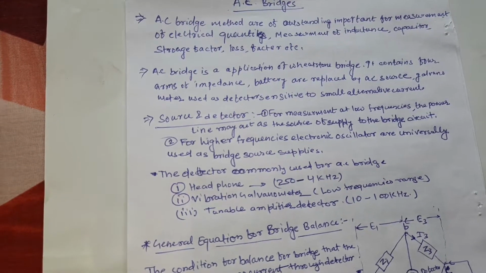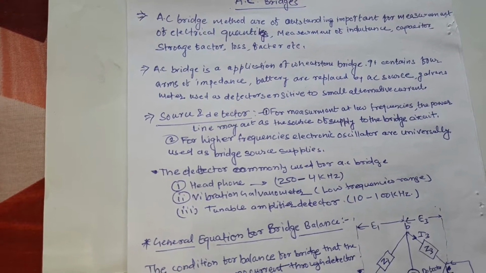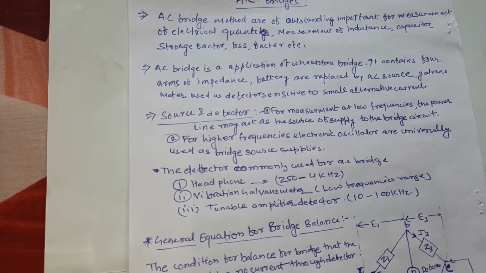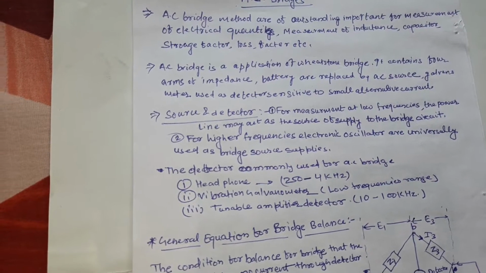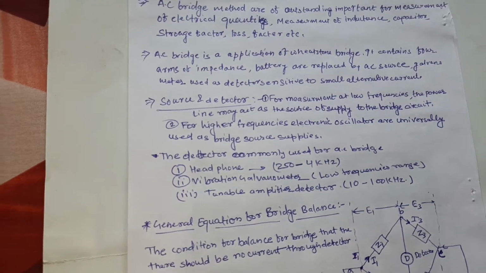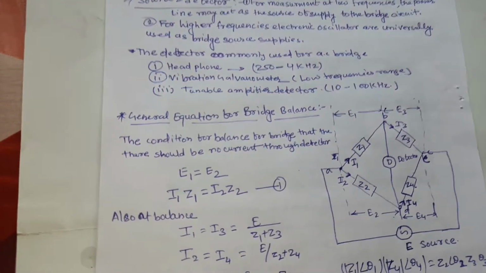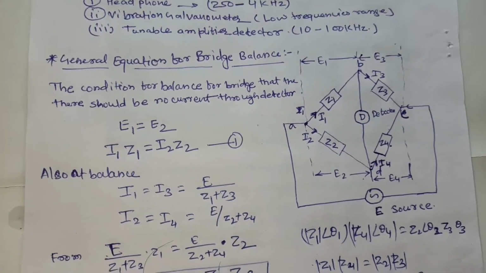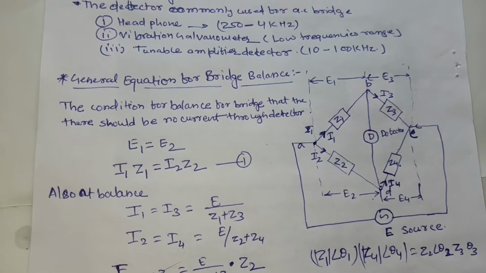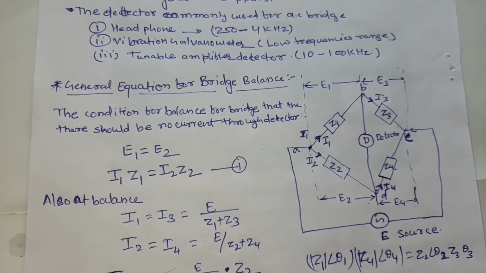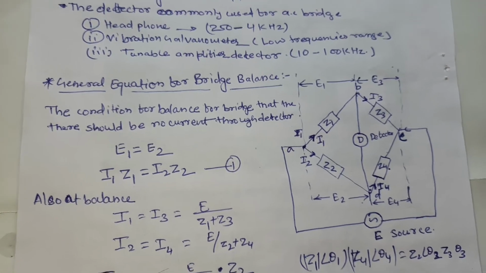The galvanometer is replaced by the detector, which is sensitive to a small alternating current. So this is the modification of the Wheatstone bridge, used for the measurement of capacitor, inductor, etc.